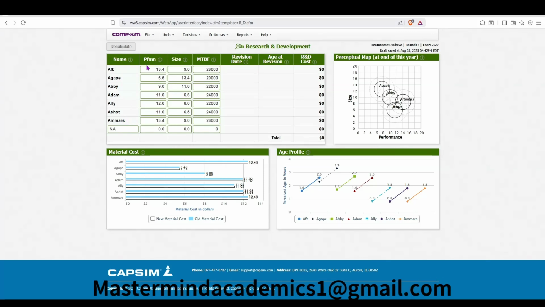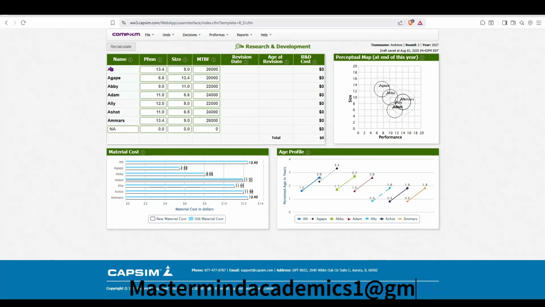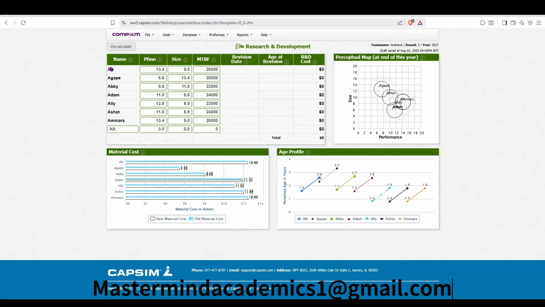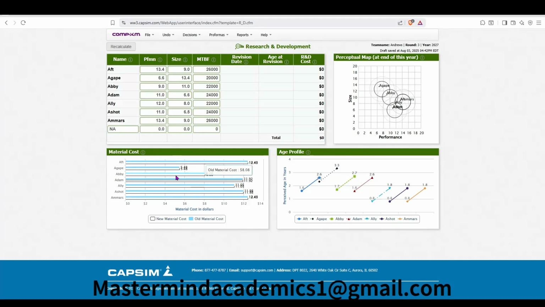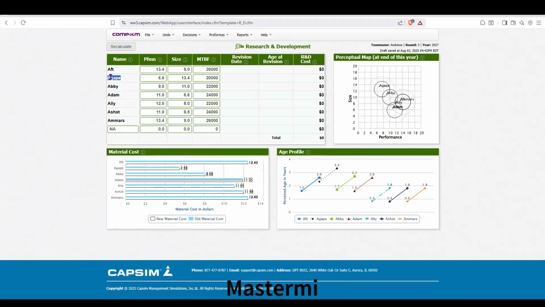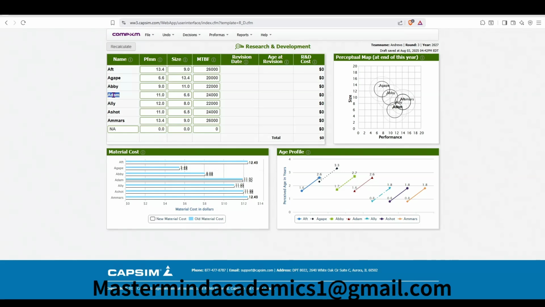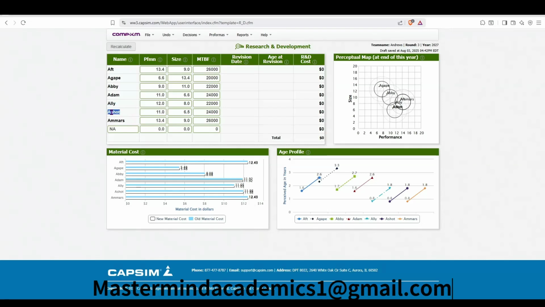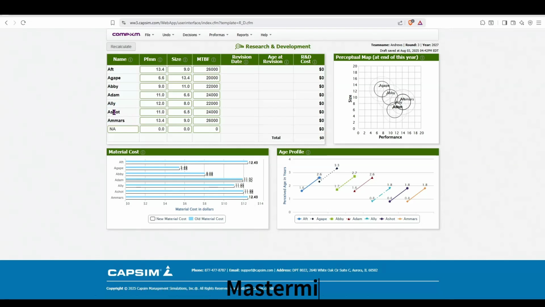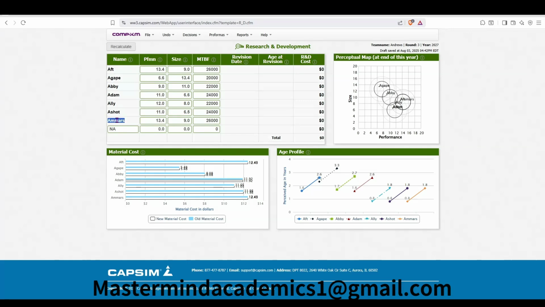Aft is a product in the thrift segment, followed by Agep, followed by Abi, Adam. Ali is a cross product. You can see it's selling between two segments. Ashot is in the nano segment, and Amas is in the light segment.